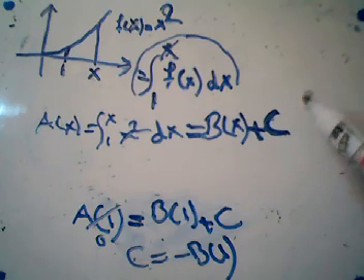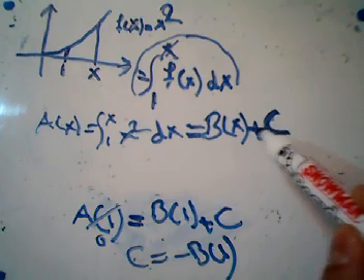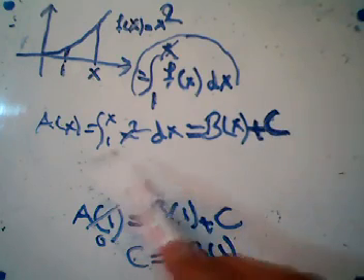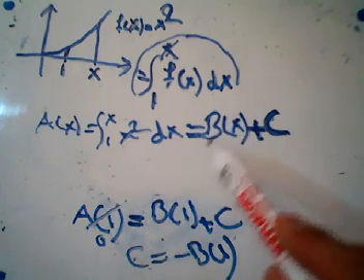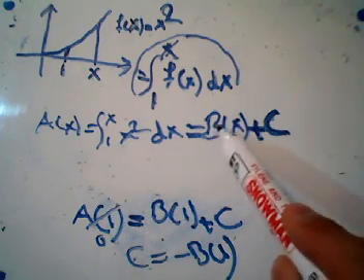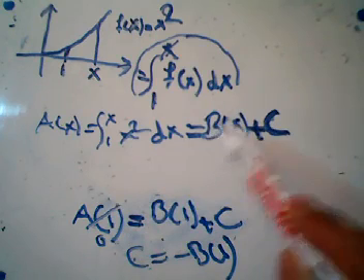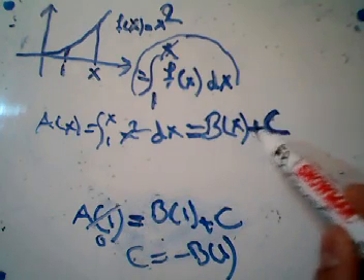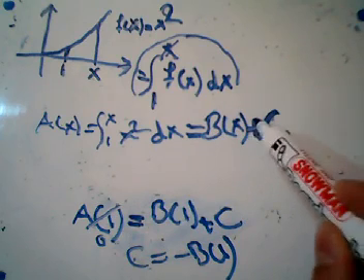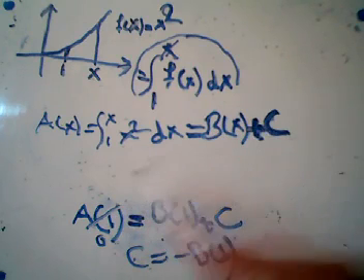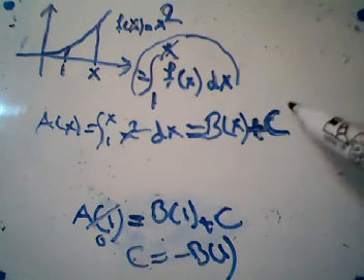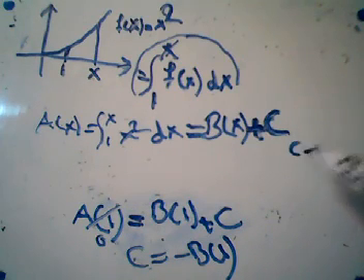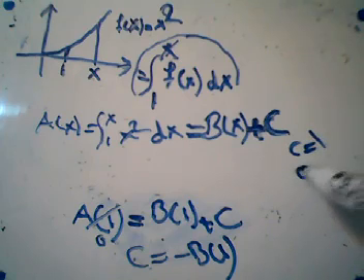So the point is that other antiderivatives differ by a number C. One may differ as C equals 1, one may differ as C equals 3.